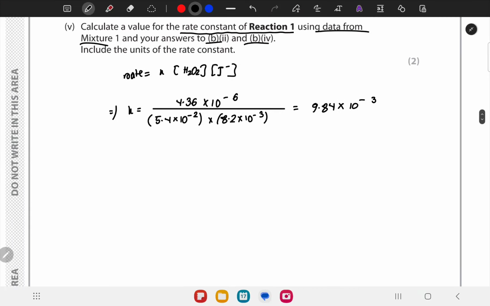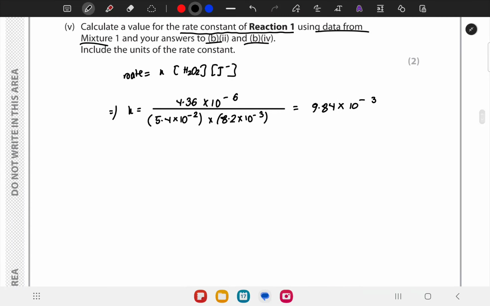To find the unit, we have the rate, which is mol per dm³ per second. On the left we have the unit of K times the concentration in mol per dm³, and we have two of them, so mol squared per dm to the power minus 6.